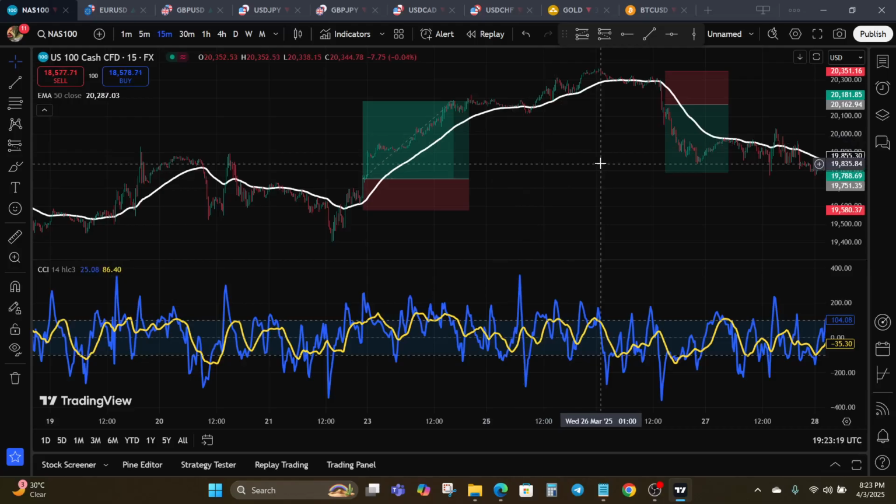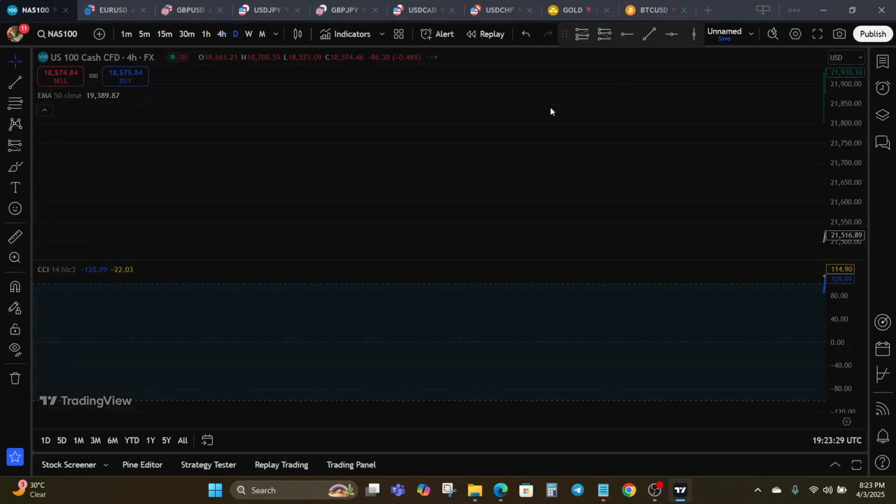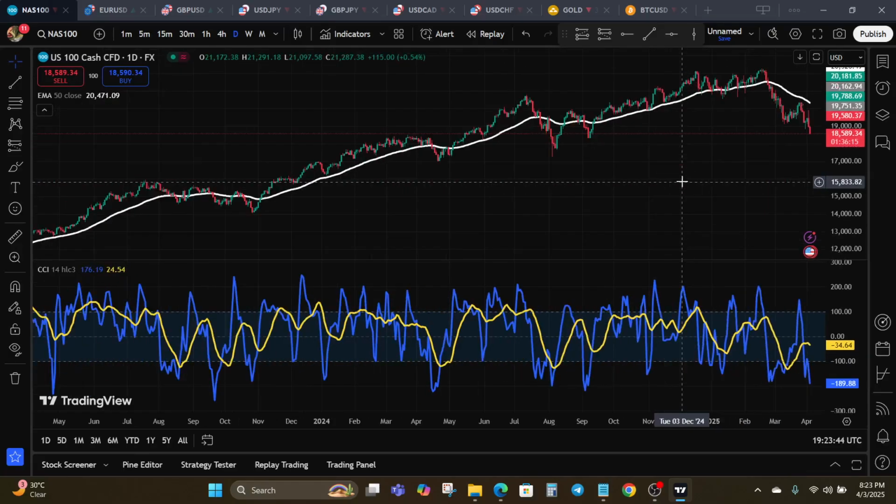Now, to make the most of this strategy, follow these key tips. Use higher time frames like the 1 hour, the 4 hour, or the daily for stronger signals. You can start your analysis from these time frames and then go to lower time frames if you are a scalper or an intraday trader for precise entry points and even exit points.